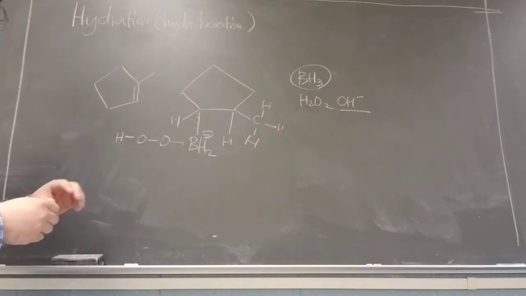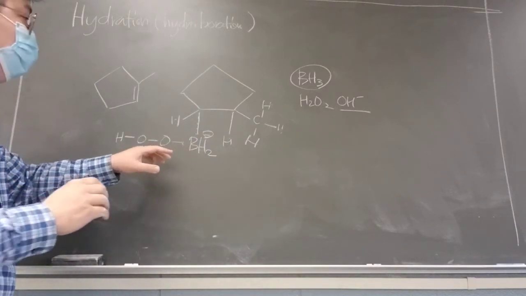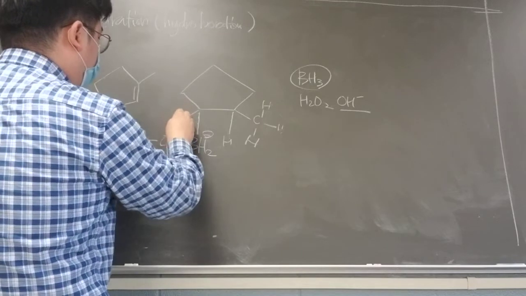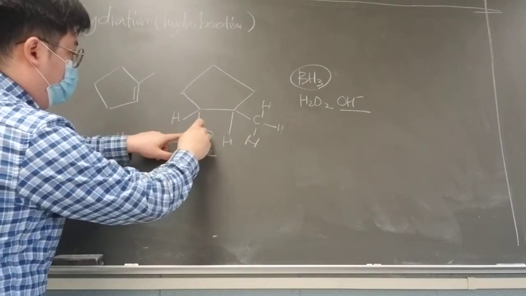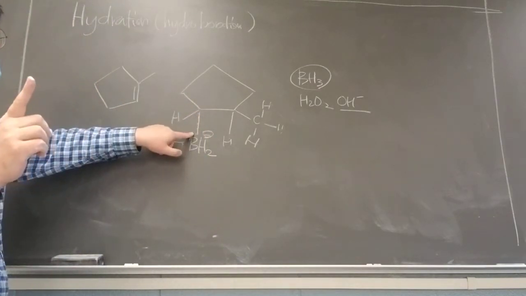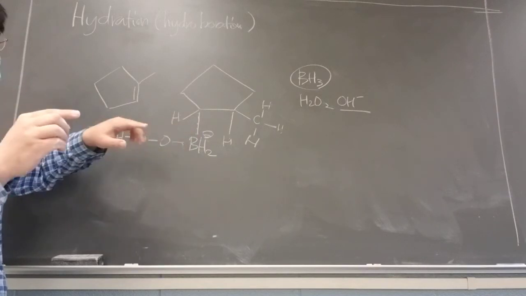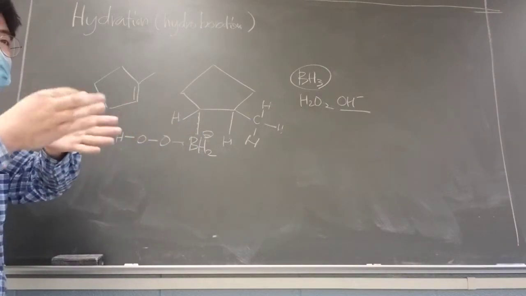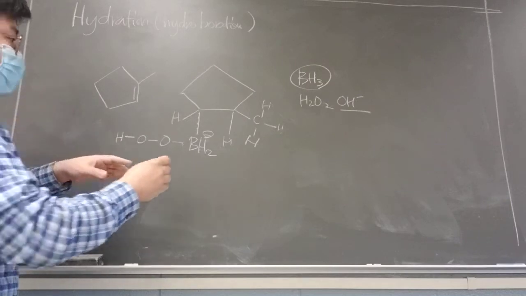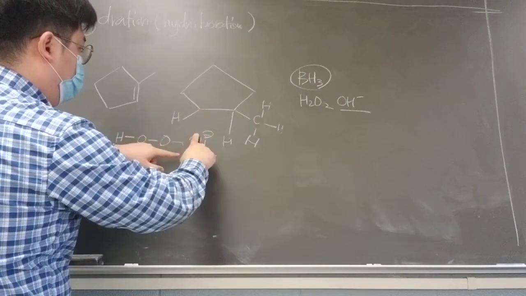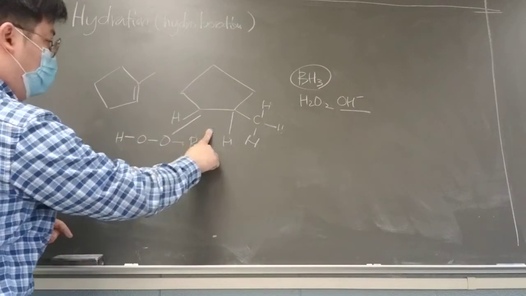So then this is the tricky part. You don't have to know. Just once again, this final product is more important. You remember the first part of chapter 6? One of the reactions was rearrangement. So the bond is rearranged to this one.